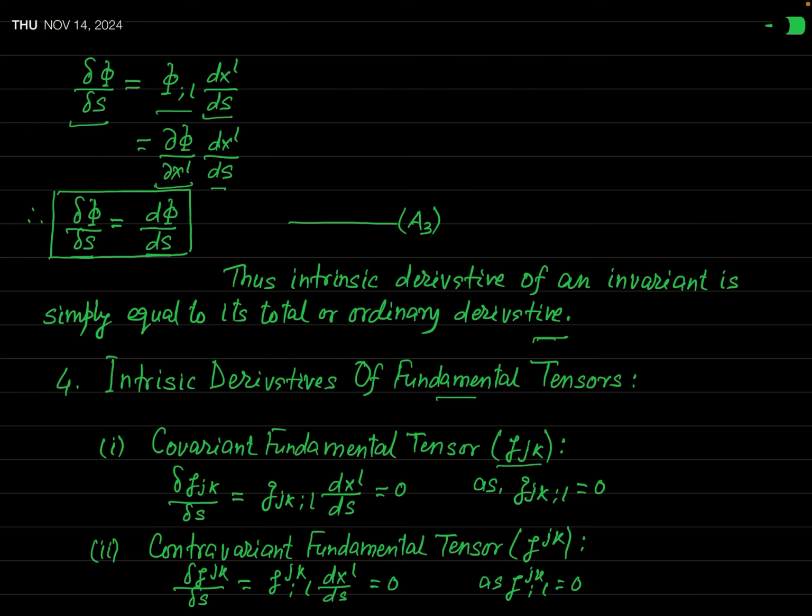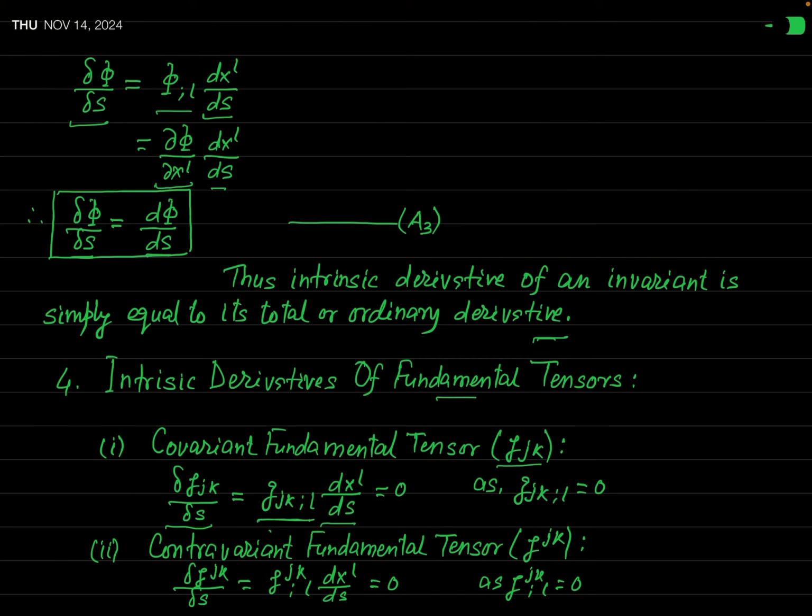If your aim is to define its intrinsic derivative, the symbol will be delta G jk by delta S. In accordance with the definition, we take the covariant derivative of this G jk with respect to XL, denoted by G jk comma L, and then take the inner product of this G jk comma L with dxl by ds.